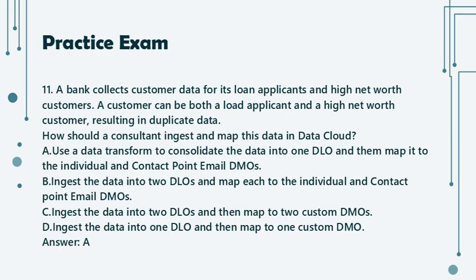B. Ingest the data into 2 DLOs and map each to the individual and contact point email DMOs. C. Ingest the data into 2 DLOs and then map to 2 custom DMOs. D. Ingest the data into 1 DLO and then map to 1 custom DMO. Answer: A.